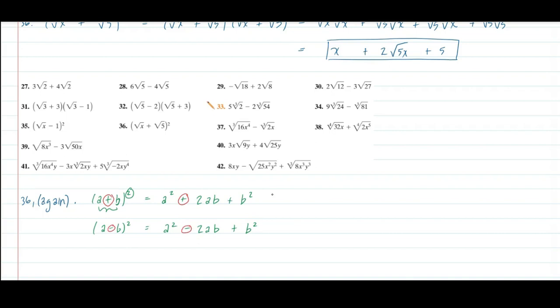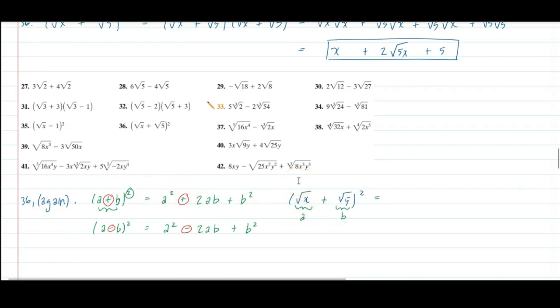So having said that, this will save us a little bit of time if we look at this question again, where it says root of x plus the root of 5 squared. You could say, okay, I'll call this term my a term, and I'll call that term the b term. So when we say a squared, what does that mean?